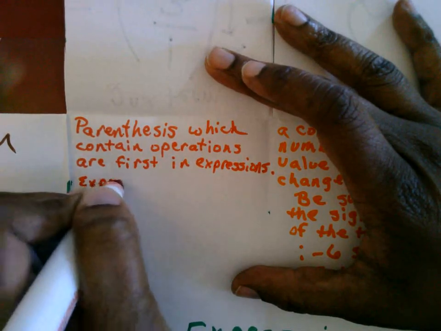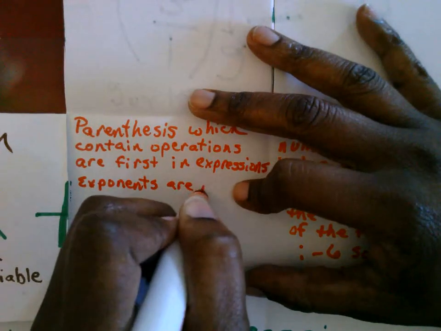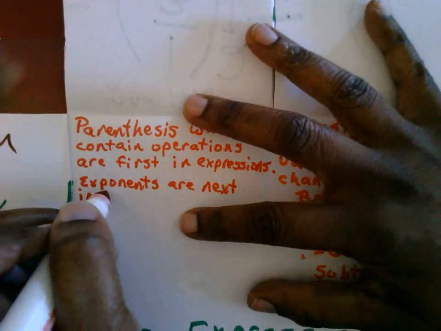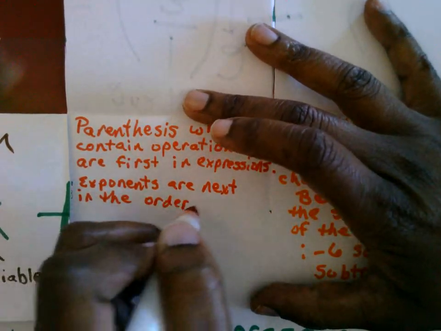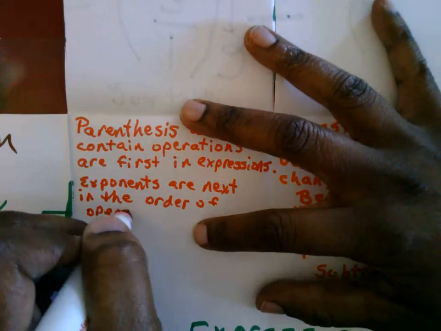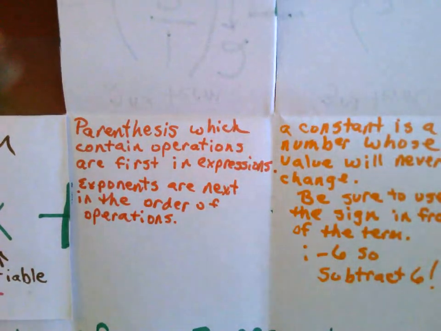Exponents are next in the order of operations. So just because this expression was written from left to right does not necessarily mean that that is the way that I am going to solve the problem.